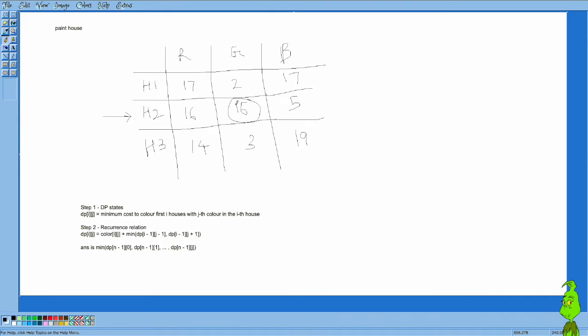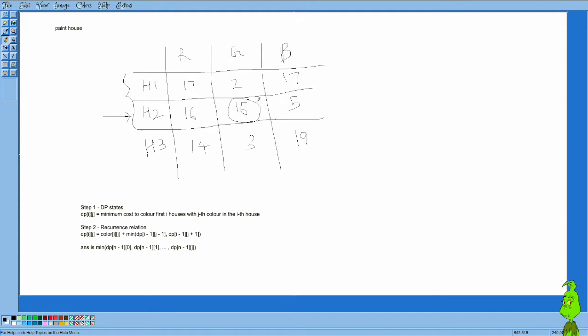So DP[i][j] is the minimum cost to color all the houses till now, i houses, because it is in the ith row. So minimum cost to color i houses with jth color in the ith house. So this is the ith house, last house. Okay, jth color in the last house also, you can say.